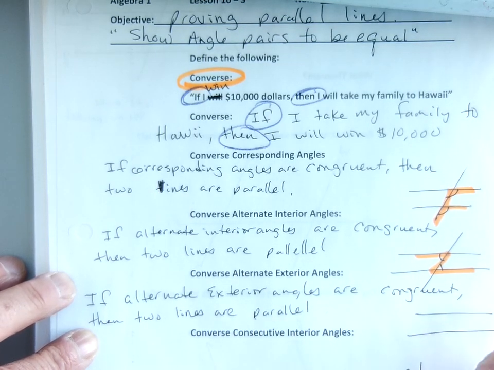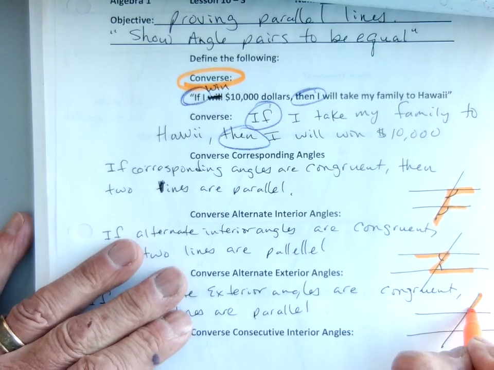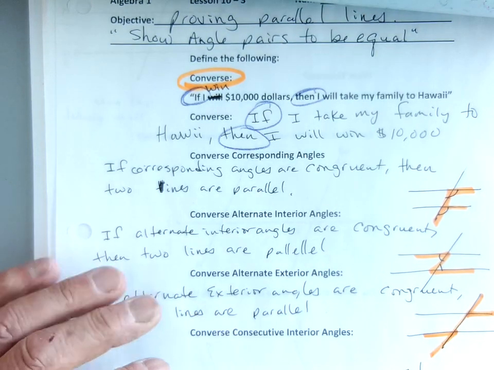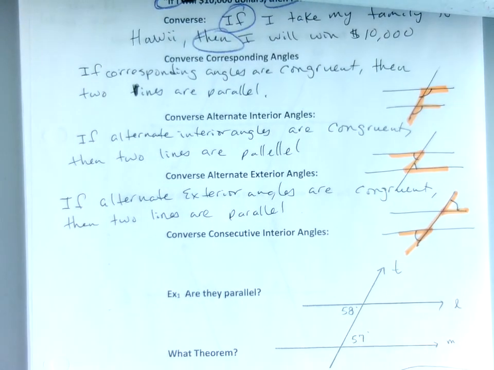I draw a picture. If alternate exterior, those are on the outside, alternate exterior, those are the outside angles. If these two angles are equal, the lines are parallel. That makes sense, doesn't it? It forces them to be parallel. If these weren't equal, then the lines wouldn't be parallel, right? Lousy drawing, but that's just the way it is, okay?